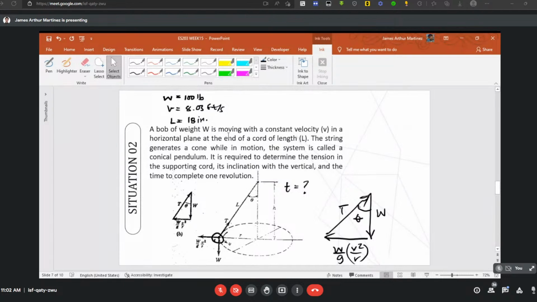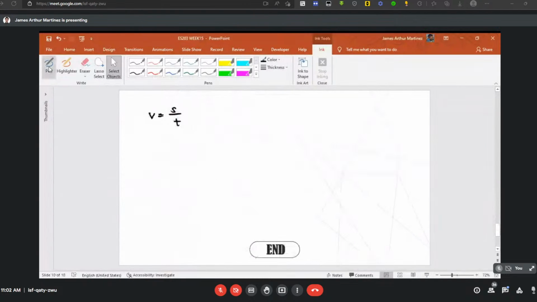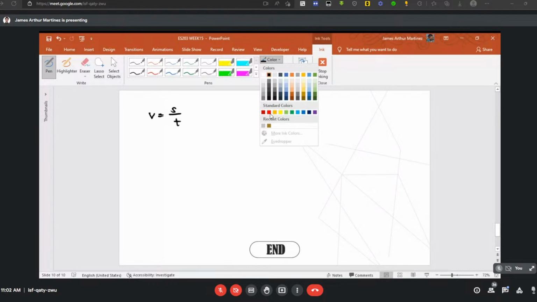So velocity is equal to 8.03 feet per second. Then we are to compute for time t. If velocity is given, time is to be computed, so S is our problem, or the distance traveled by your object.